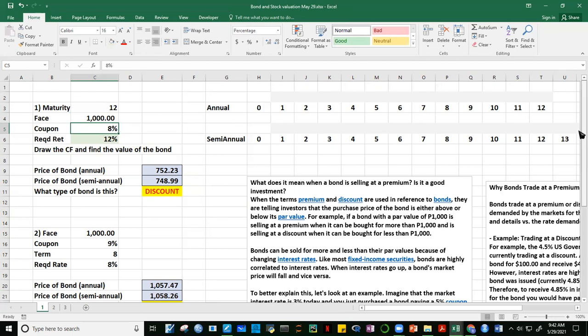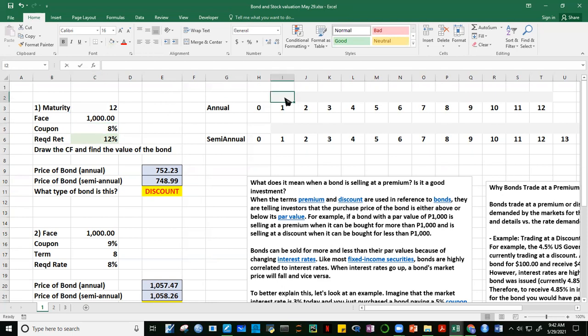In order to appreciate that better, let's compute the value of this bond. The best way to understand this is to plot the cash flow. So what will be our cash flow as an investor? We're going to receive 8% of the face value.